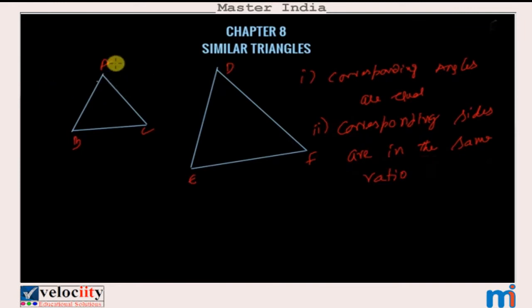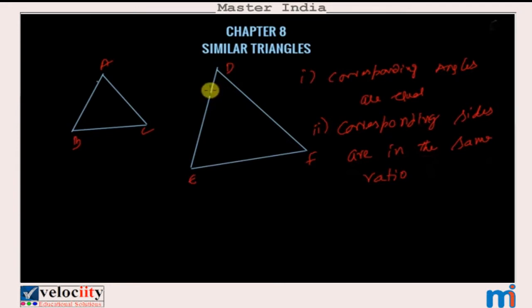Let's say that I have two triangles here, triangle ABC, and another triangle, triangle DEF. Obviously, by looking at it, you can tell me that the size of triangle ABC and the size of triangle DEF are not the same. Triangle DEF is bigger than triangle ABC, but it looks like both of them have the same shape. They look similar.